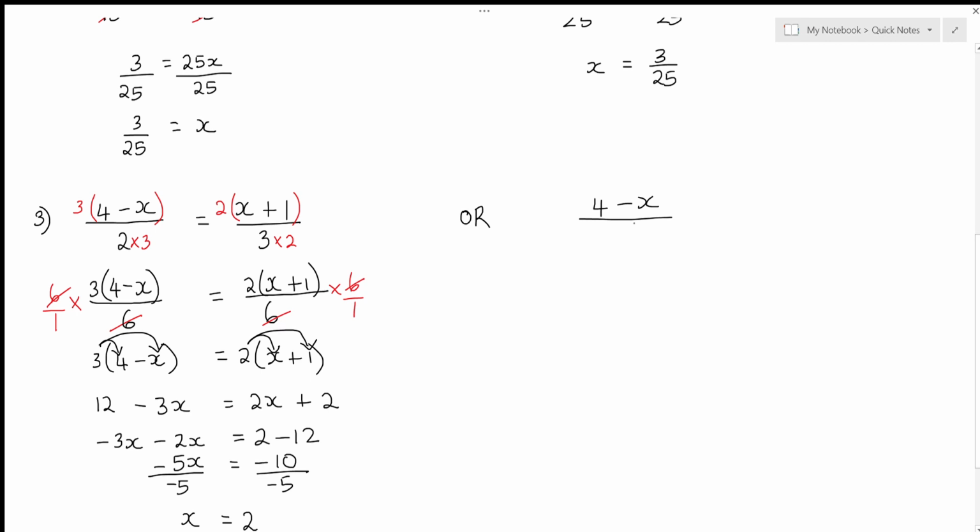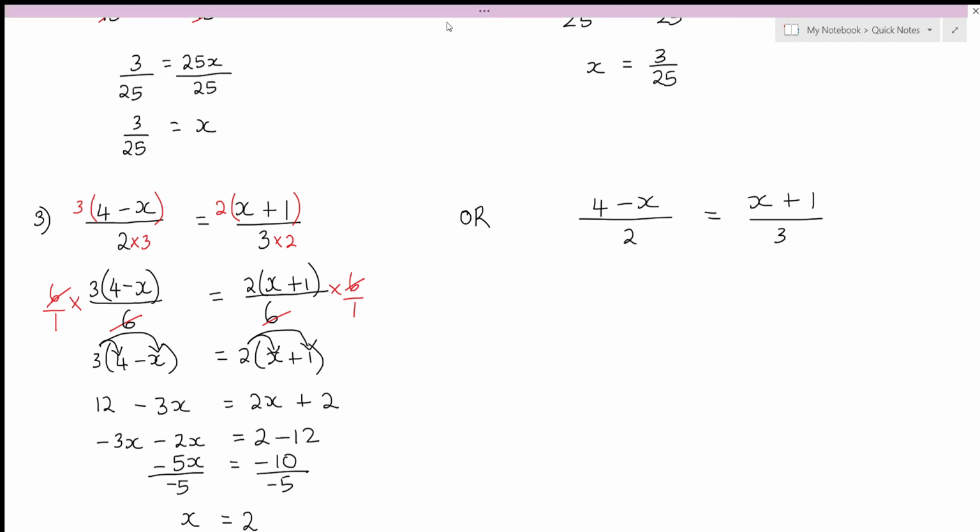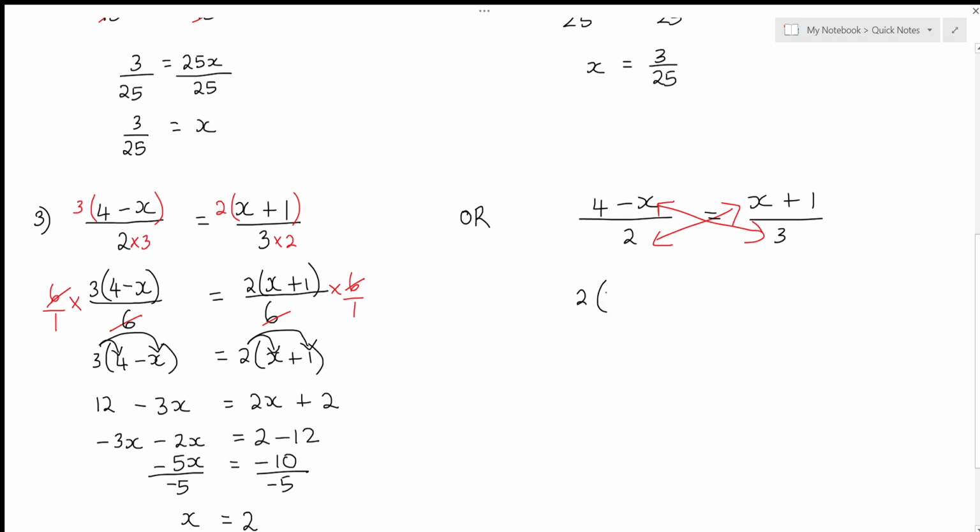Now if I went across and used the cross multiplication method, I would have 4 minus x over 2 equal to x plus 1 over 3. So we're going to cross multiply to see how this method works, and we're going to have 2 times x plus 1 equal to 3 times 4 minus x.